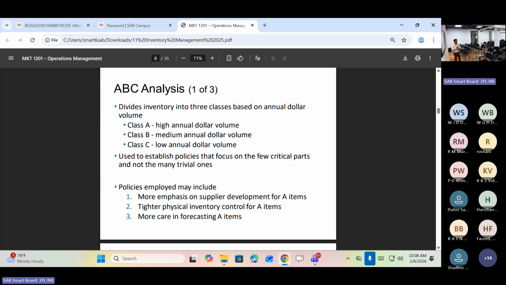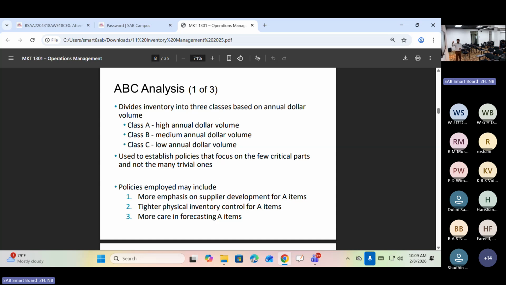Then class B includes the next level of items based on their dollar value, so we call it medium annual dollar volume. There are standard ratios, standard benchmarks for each category.